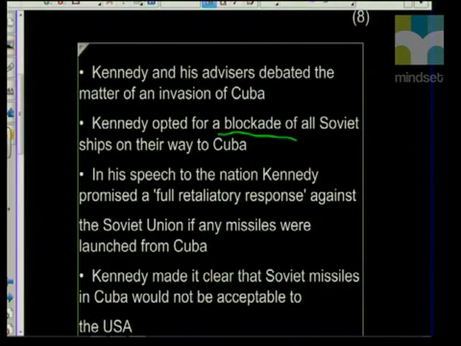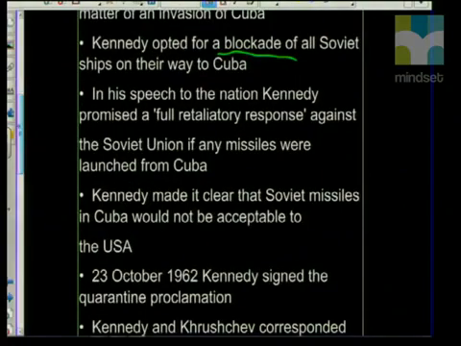And then another thing that is found in the source is that in his speech to the nation, he responded that the United States was not going to hold back, but was obviously going to do something about the missiles. In other words, not allowing the Soviet Union to place those missiles.